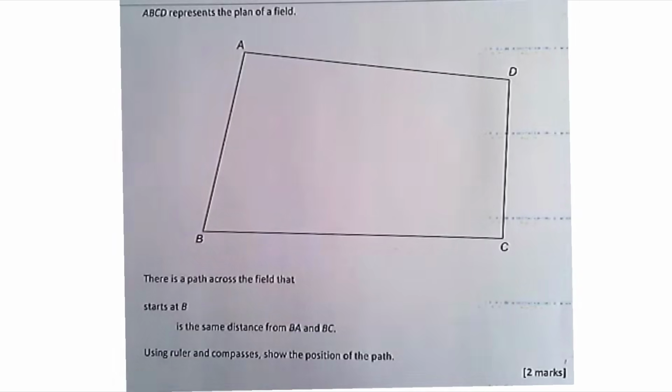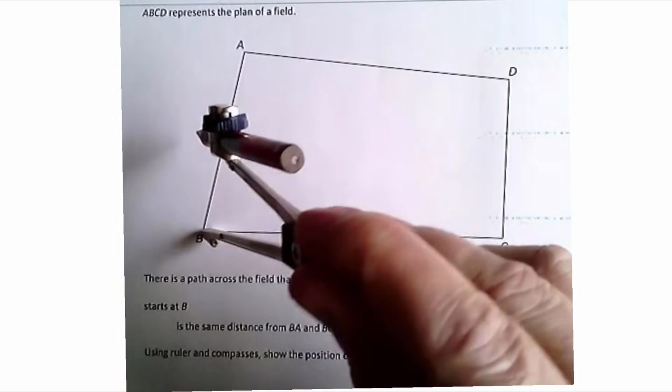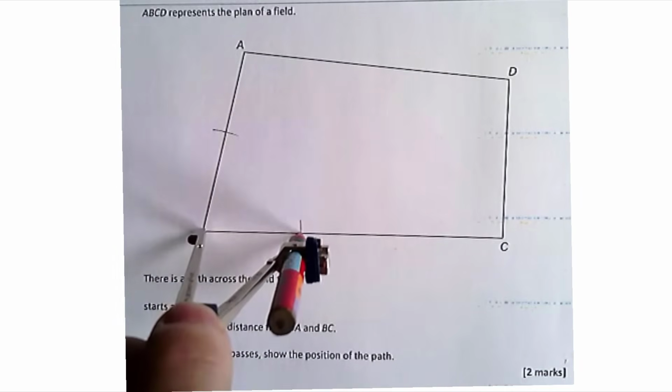Okay, right, what we need to do is to create an angle bisector at B. So putting your compass point at B, draw an arc that crosses BA and BC at the same distance, so without changing the aperture. And then move the compass point to the mark that you made and draw a mark in the middle. Sorry, can't really see that very well.